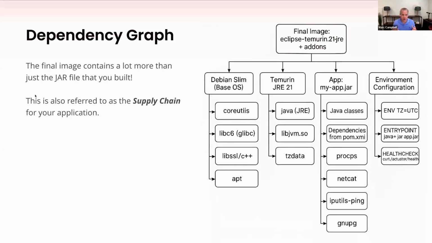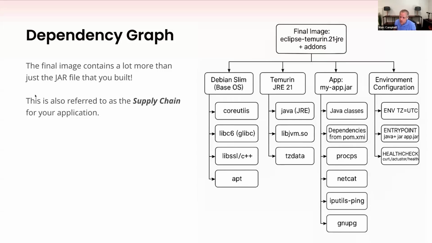At the top, you see we have one final image that we're actually distributing, but in it we have the Debian base OS and everything that it brought in, like glibc and OpenSSL and apt and things like this. Any of those could have vulnerabilities. The JRE, the runtime for this Java application, includes things that you didn't depend on. TZ data, you never asked for time zone information inside your application, but it's a dependency that's getting pulled in.